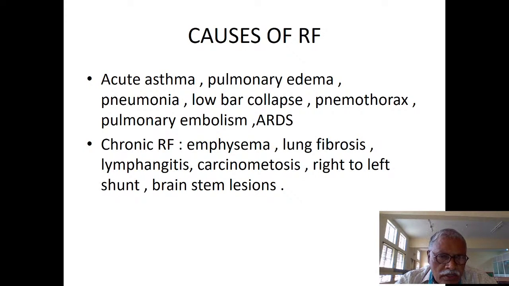Chronic respiratory failure is common in emphysema, lung fibrosis, lymphangitis carcinomatosis, right to left shunt, and brainstem lesions.